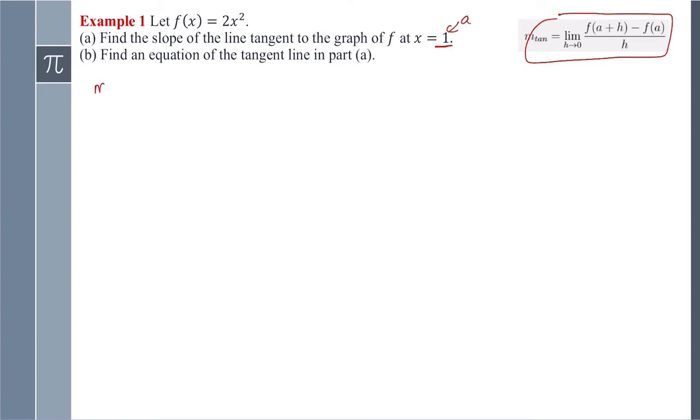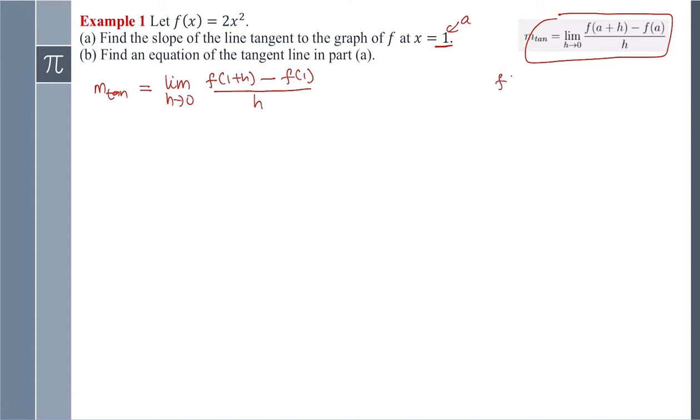The slope of the tangent line is given by the limit as h approaches 0 of f of a plus h, which means f of 1 plus h, minus f of a, which means f of 1, divided by h.